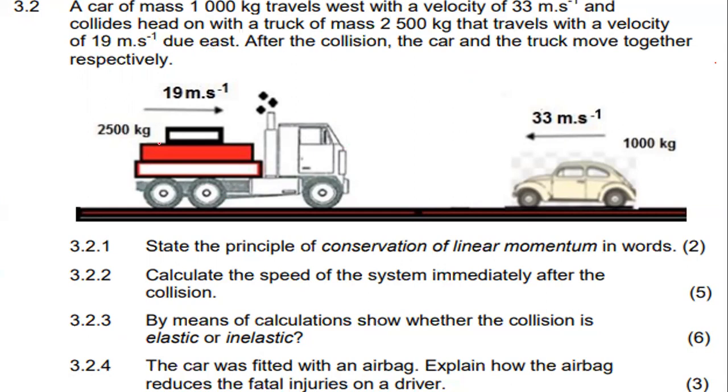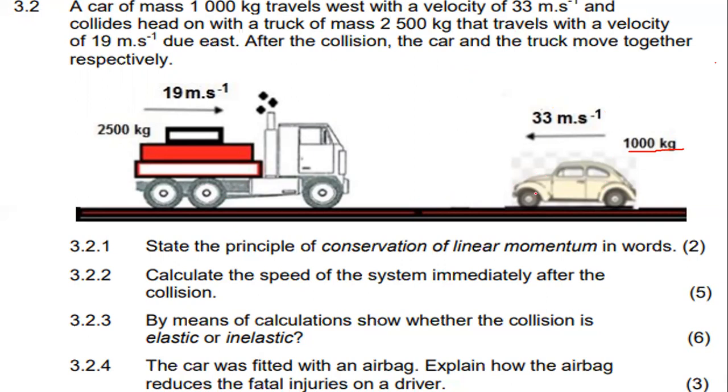Now, let us look at the diagram and actually see if what we have read there actually goes together with what we see on the diagram. So we've been given a car, it has a mass of 1,000 kilograms. There we see the car has a mass of 1,000 kilograms. And it was traveling at a velocity of 33 meters per second. And we can see that. And it collides head on.